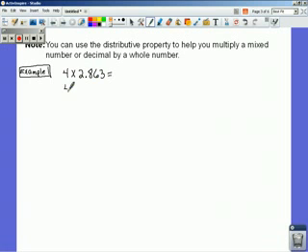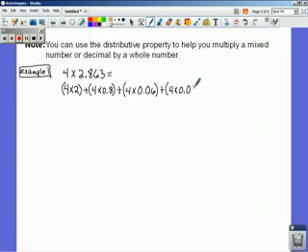So we're going to start out with 4 times 2 plus 4 times 0.8 plus 4 times 0.06 and finally 4 times 0.003.